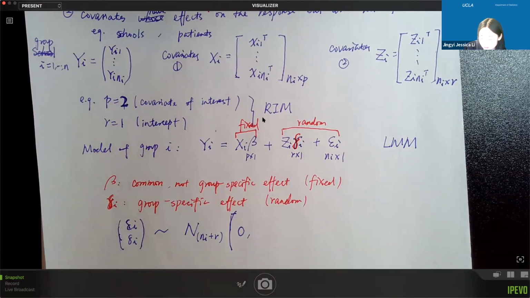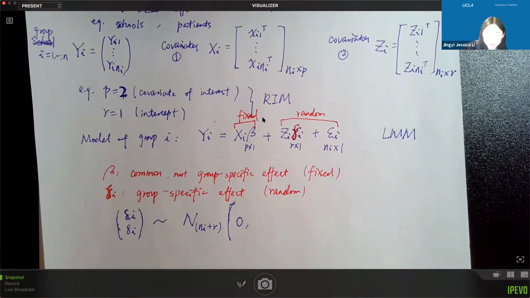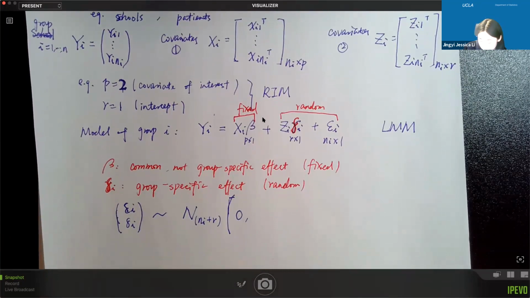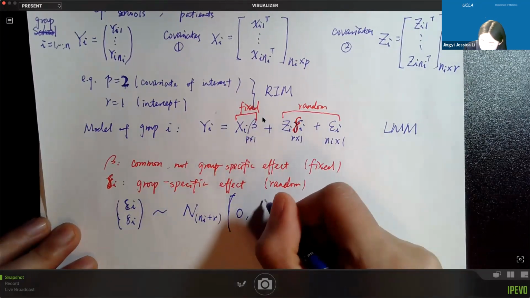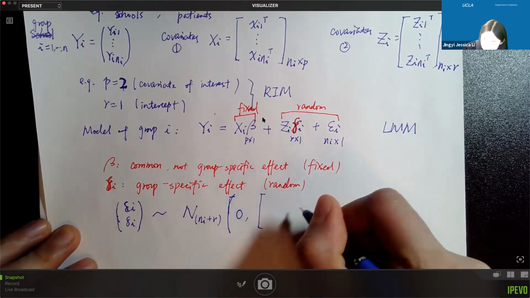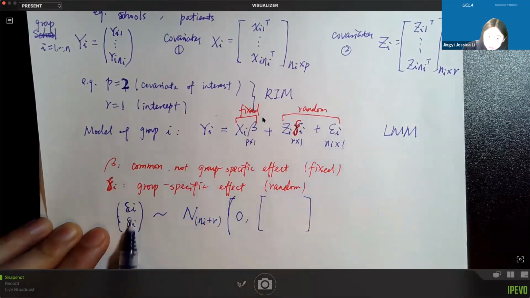And I would say the random intercept model is the most common one in practice. You just want to assume different groups have different intercepts and no more than that. Okay, so I've said enough. And then for this random part, we assume that they have mean 0. And also for simplicity, we assume that there's no dependence between epsilon_i and delta_i.